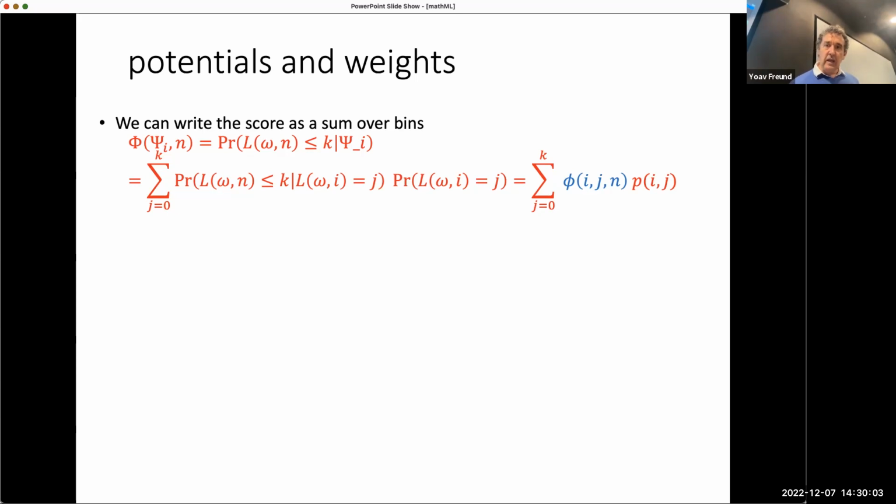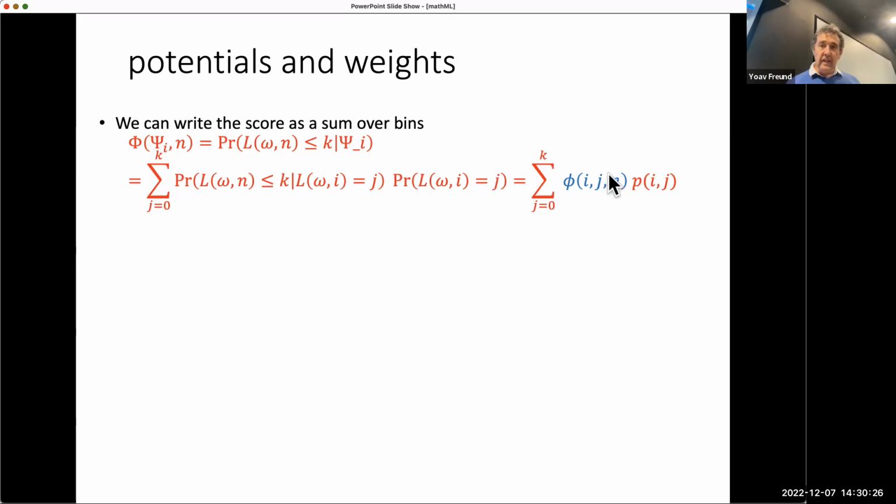You're iterating j over the bins, but phi ijn doesn't really depend on what you did, it depends only on the future. It's the potential given where you are. All this is basically a sum of conditional probabilities.